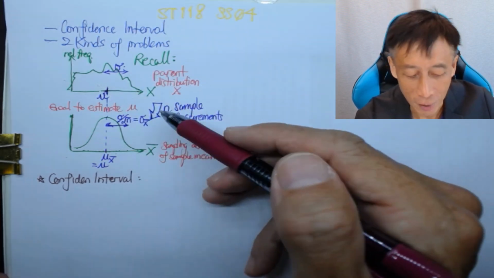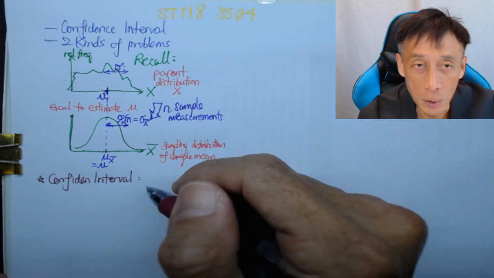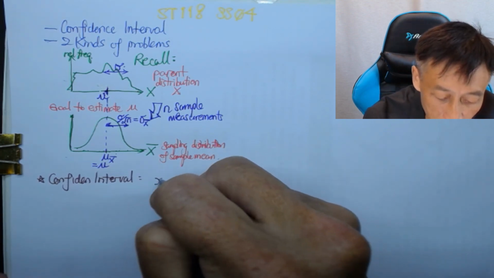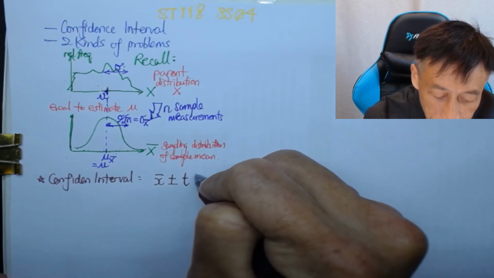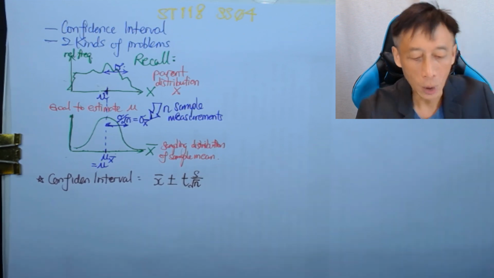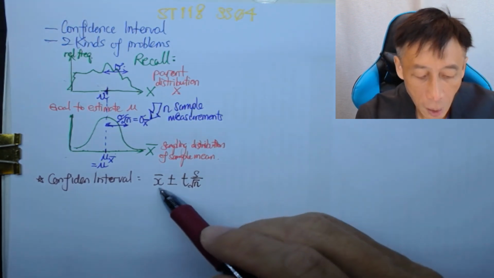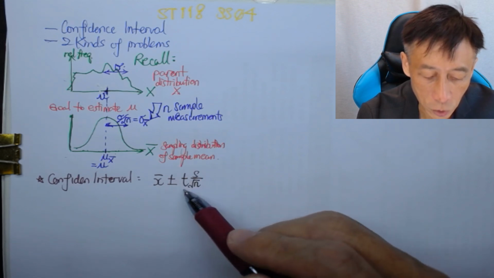So we did all that. Once we capture all the sampled values, we need to just construct this. So this gives us two numbers: X bar minus this term, and X bar plus this term.